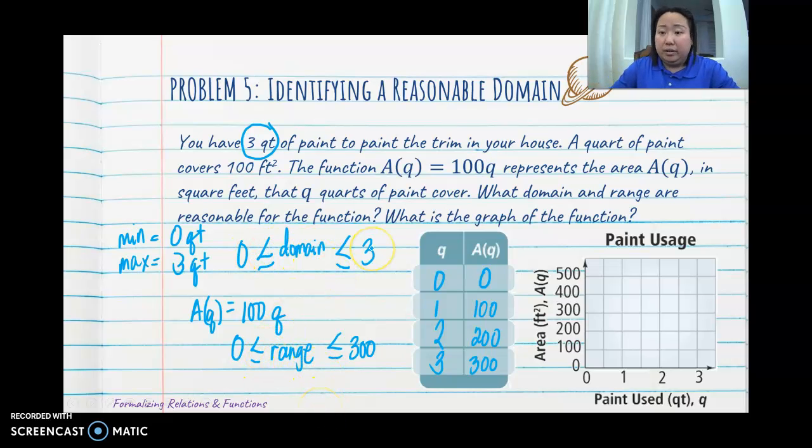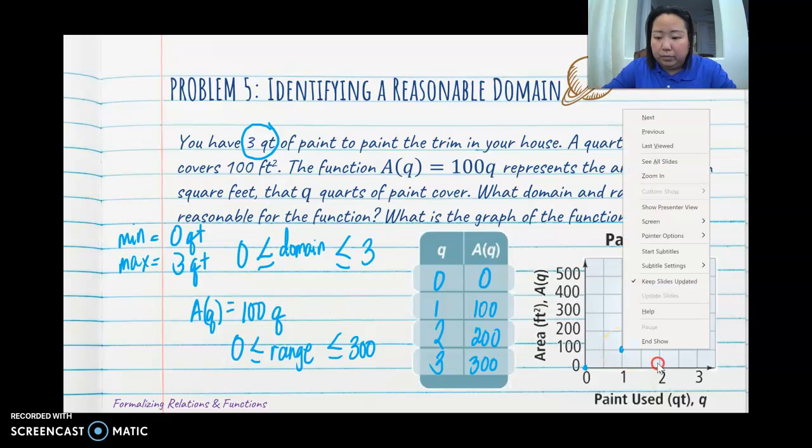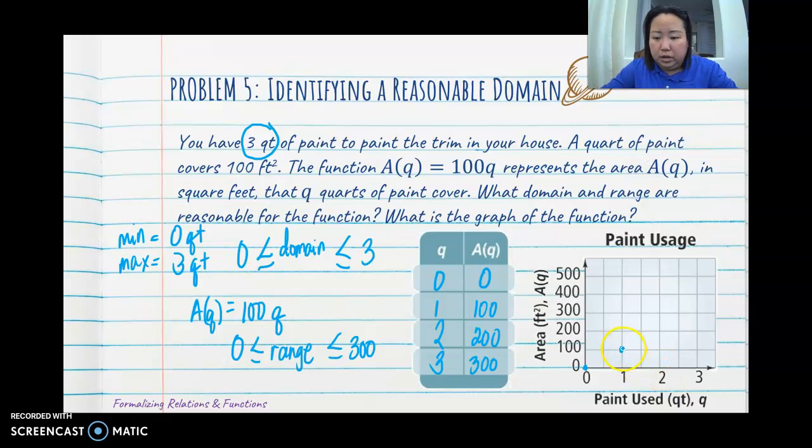So what is the graph of the function? Since we have ordered pairs here, we simply have to plot them. We have 0, 0; 1, 100 is here; 2, 200 up here; and then you have 3, 300 over here. Now, the question is: is this graph continuous or discontinuous?